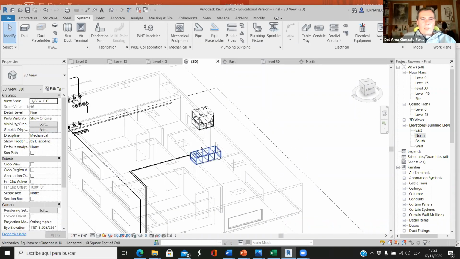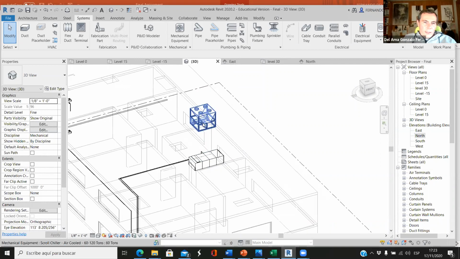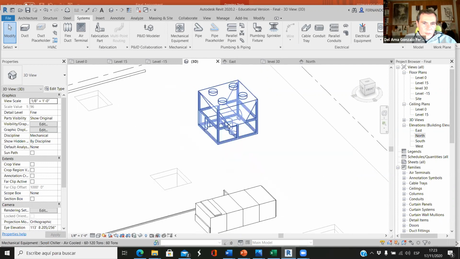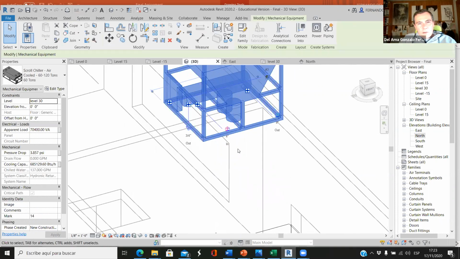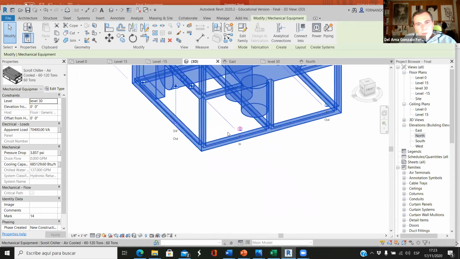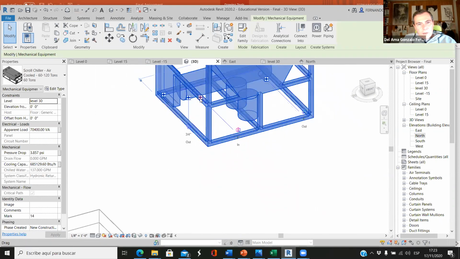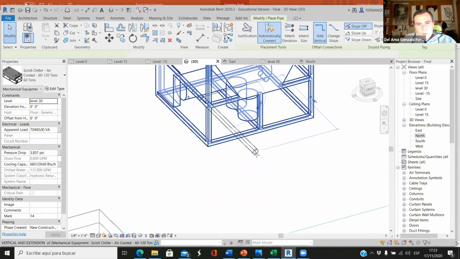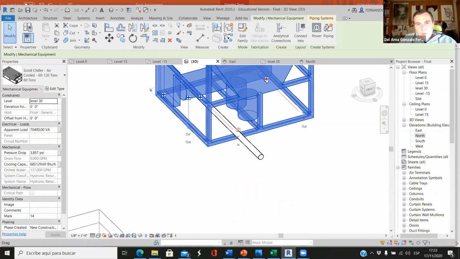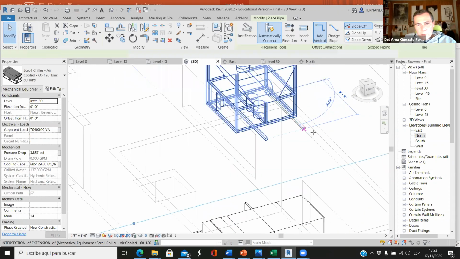Okay, so now we have the air handling unit and the air cooled water chiller. So yeah, this is the inlet. From here, we have to draw a pipe, and from there, we have to draw another pipe.